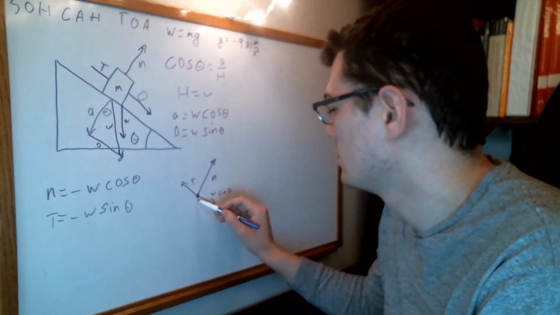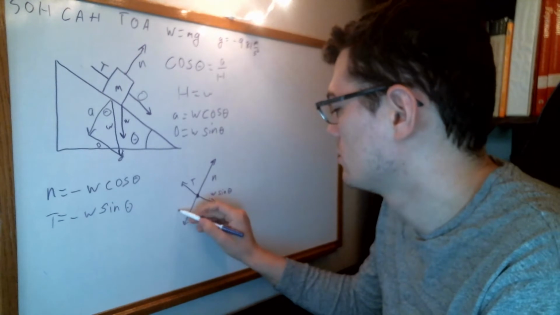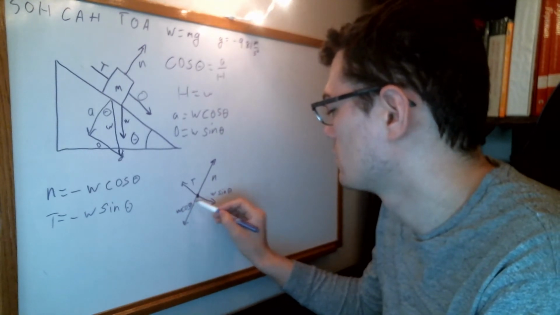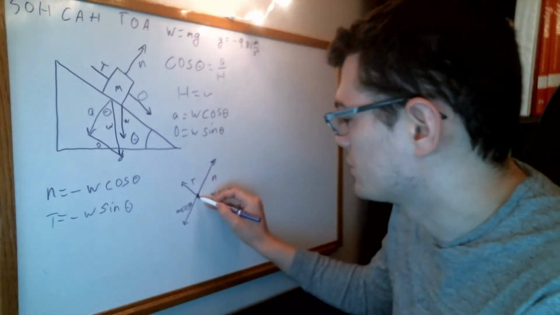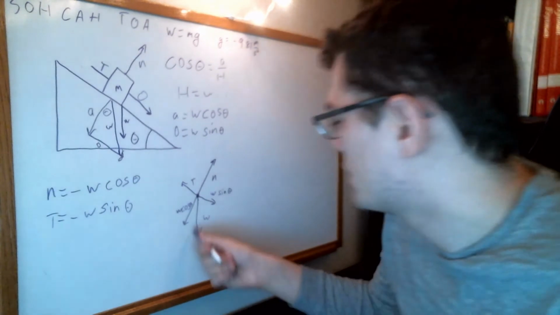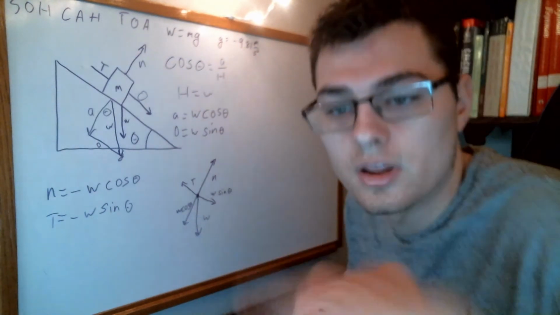And then in this direction we have W cosine theta. And then down is W. And we've broken down W into its components here based on the angle of the inclined plane.